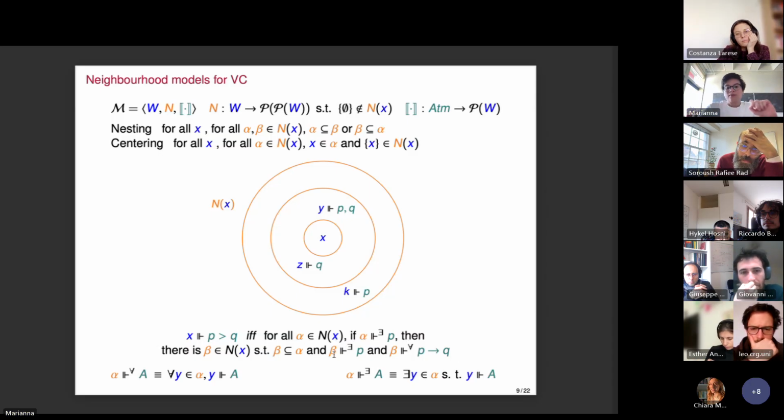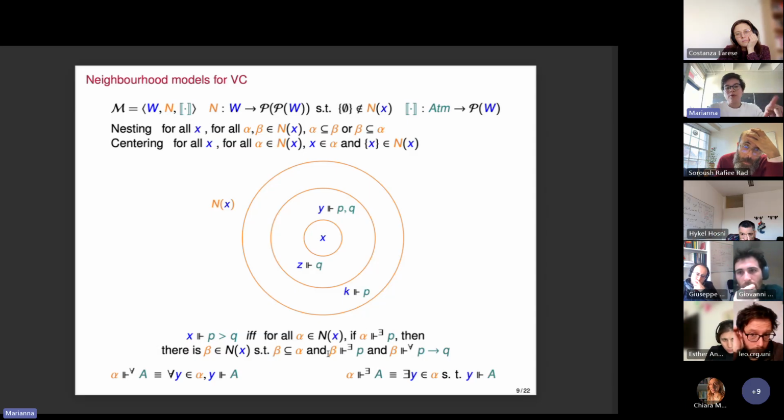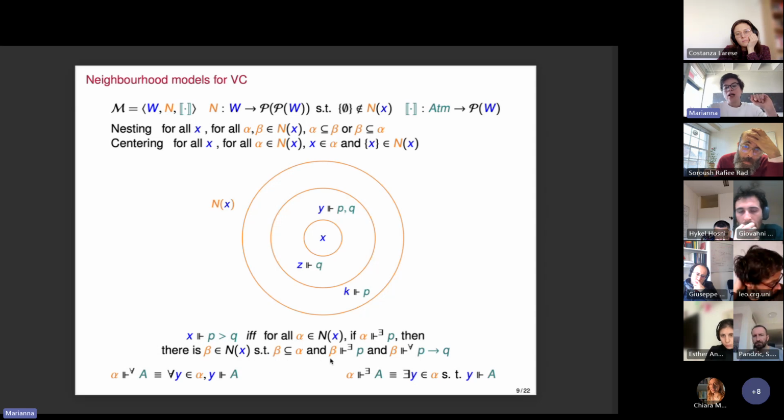So if P is true at some neighborhood alpha, there needs to be a smaller neighborhood beta, which also satisfies P, and such that all of the worlds in beta satisfy the material implication, P implies Q.